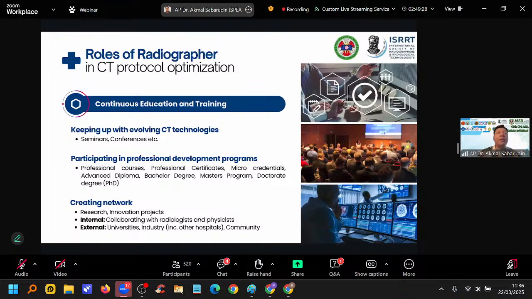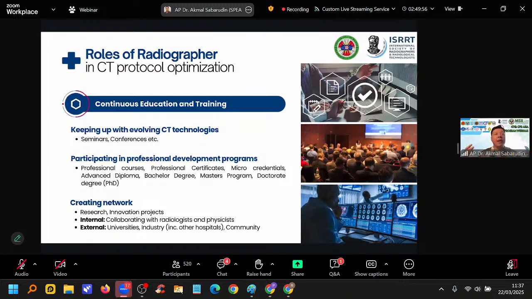Everybody has a right to improve themselves, so by sharing what you know and what you are doing, it's good for others to learn as well. Internal collaboration, for example, collaborating with radiologists and physicists, because we radiographers cannot work alone in silos.